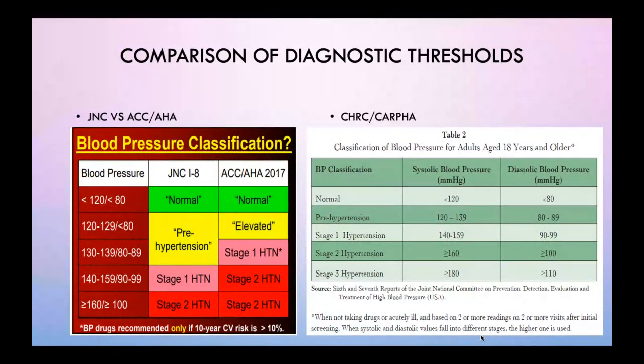The ones on the left are the JNC 8 criteria, and you also have the American Heart Association numbers listed in the table as well. So they're basically similar with one or two points to note in terms of the way they define stage 1, stage 2, and the CARFA guidelines have a stage 3.